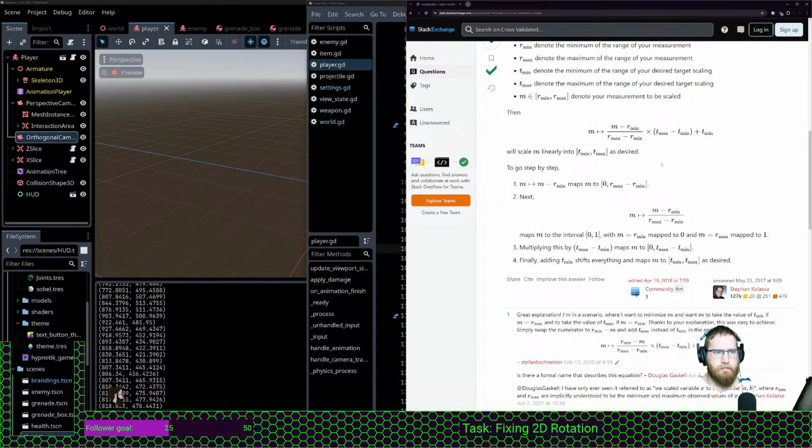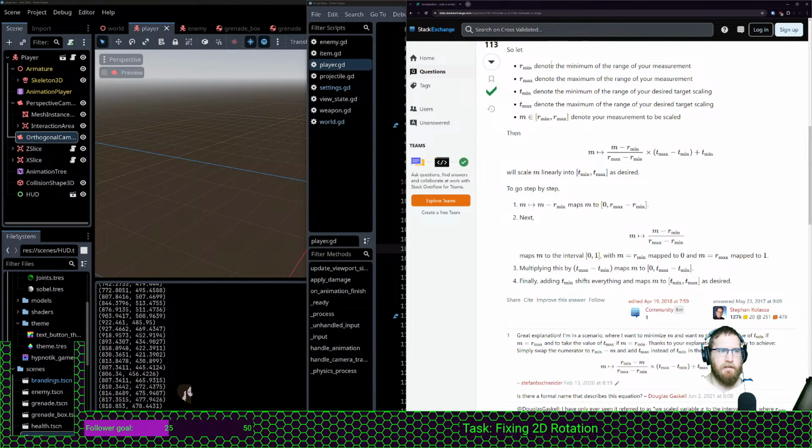Okay, so you have the value, in this case the x-coordinate, minus the minimum, which would be 0, divided by the maximum minus the minimum. Then you multiply that to minimum range of your measurement, maximum range of your measurement, minimum range of your desired target.